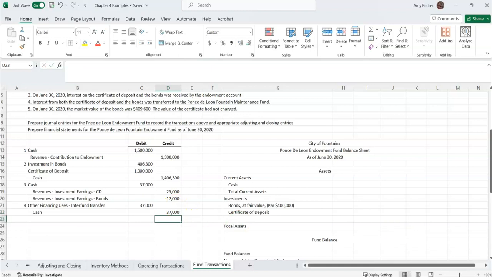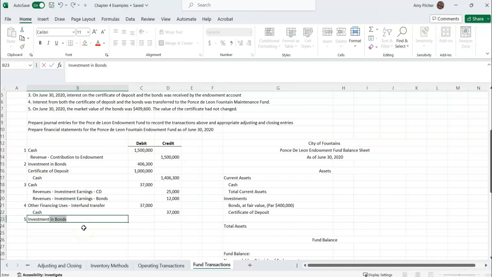And then on the 5th, we have a change in the fair market value of the bonds. So our investment in bonds increased because the fair market value increased.